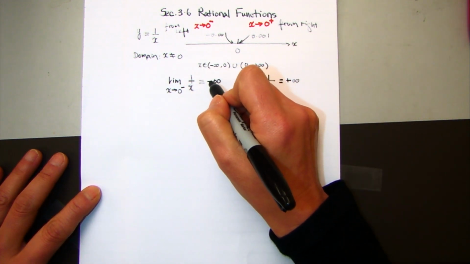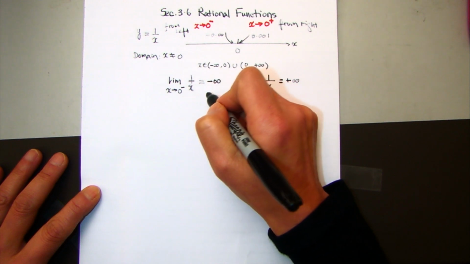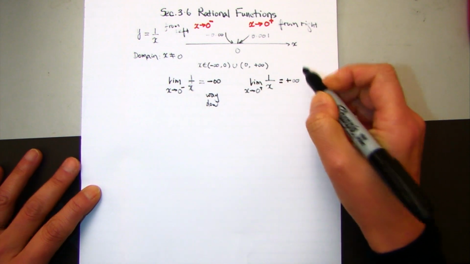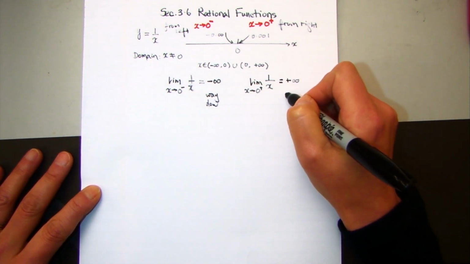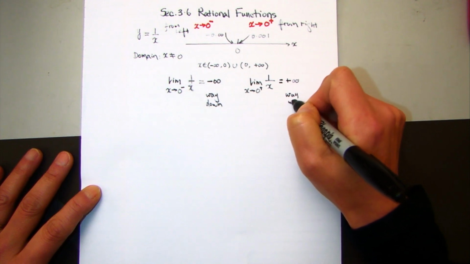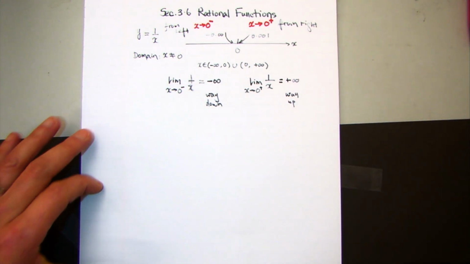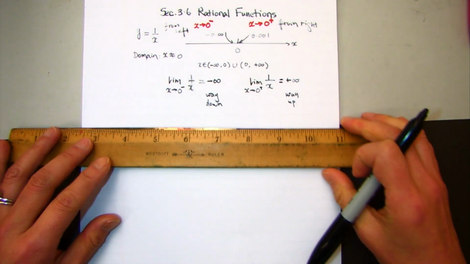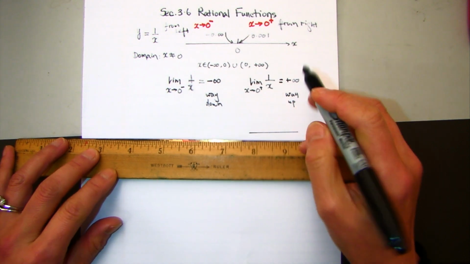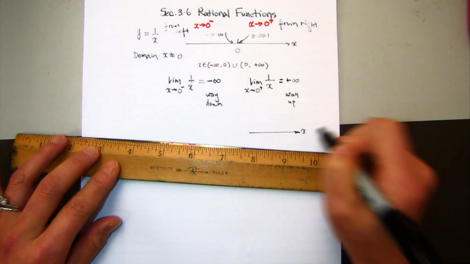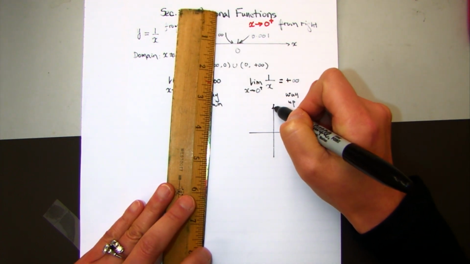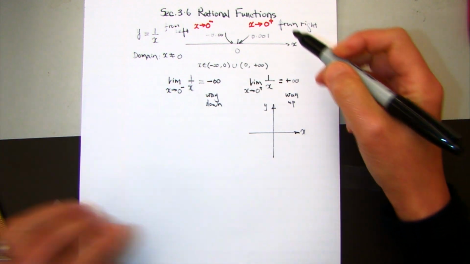Now let's think about what they mean in terms of a y value. Y value really, really negative, negative infinity, and I'm thinking about this as way down. And the y value positive, really big, way up. Okay. So, I'm going to put a tiny sketch on the side. So if you have an xy axis, all right, so let's look at it again.